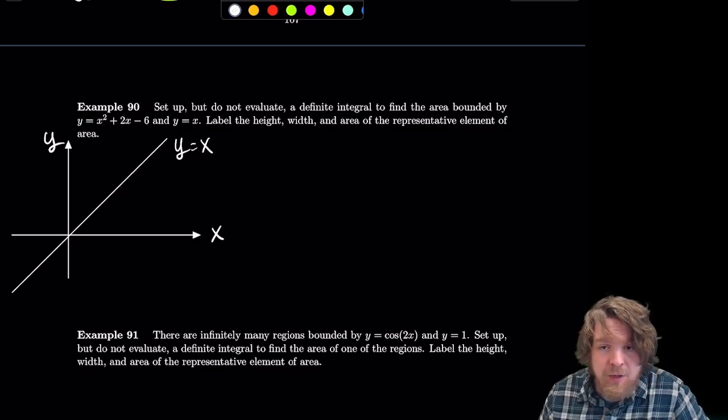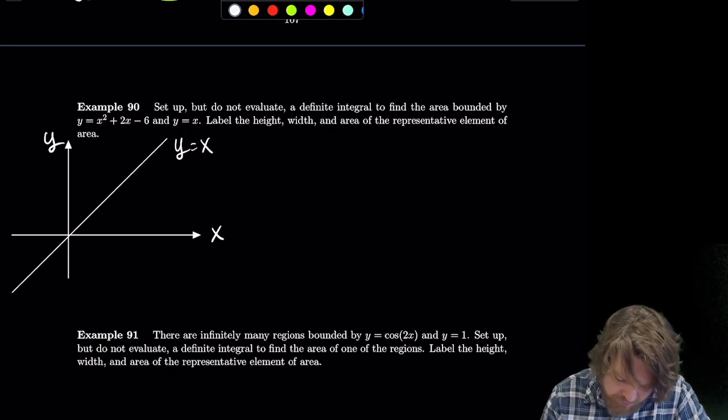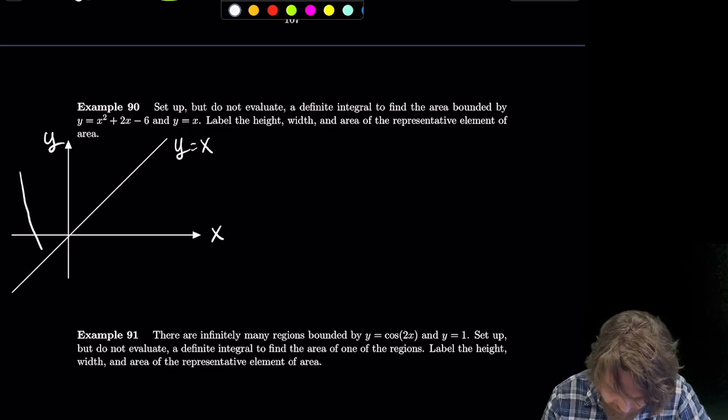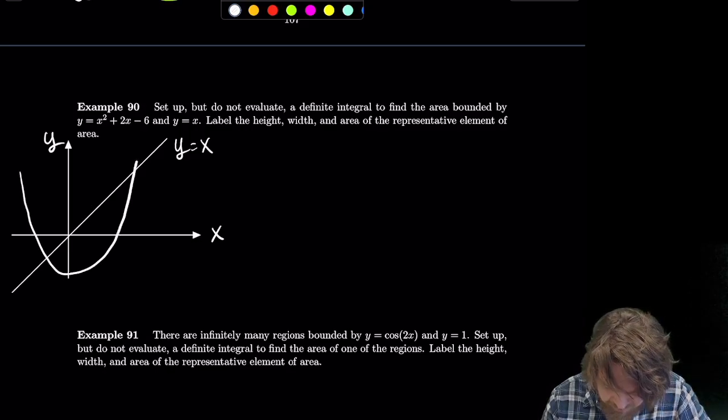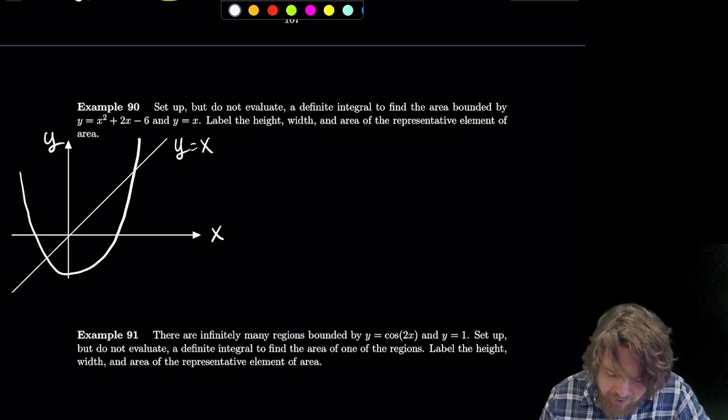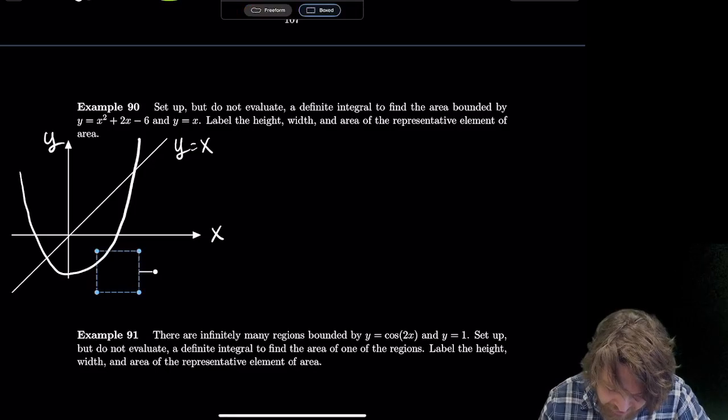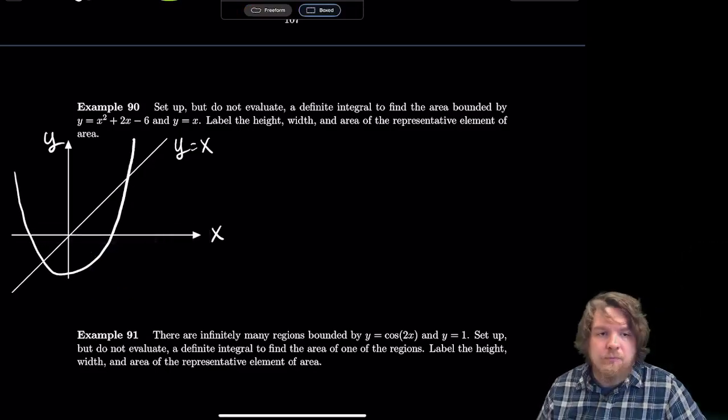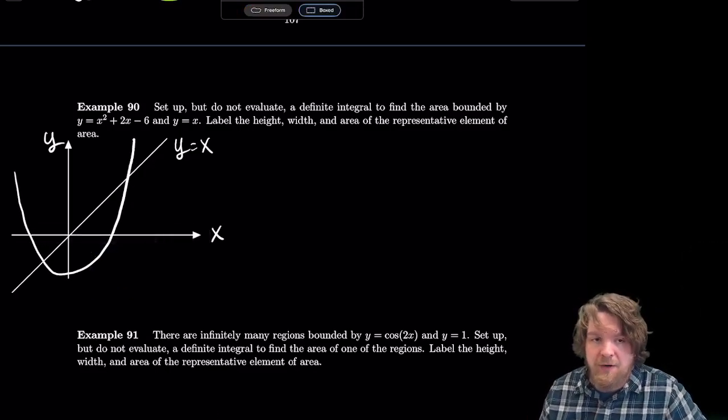I know that it's going to be opening upwards. And I know that it's going to have a y-intercept at the point (0, negative 6). So I know that it's going to take on some sort of shape like this. As far as exactly where the roots are, or exactly where it intersects the other graph, I don't necessarily know that at this point in the problem, but I'll put a placeholder parabola there.